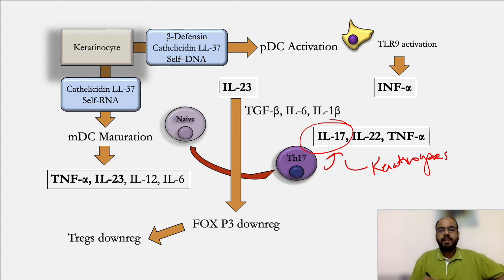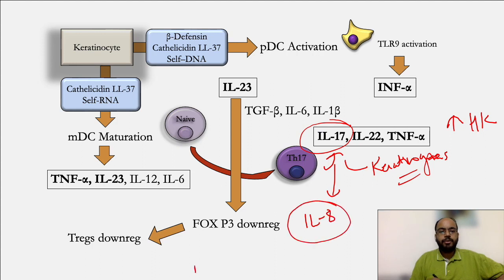Now when keratinocytes are activated, it will lead to increased proliferation, which itself will lead to hyperkeratosis. So interleukin 17 will act on keratinocytes, and lead to formation of keratotic plaque in psoriasis. Clear? Interleukin 17 will also lead to secretion of interleukin 8, which is a very major neutrophilic chemoattractant.